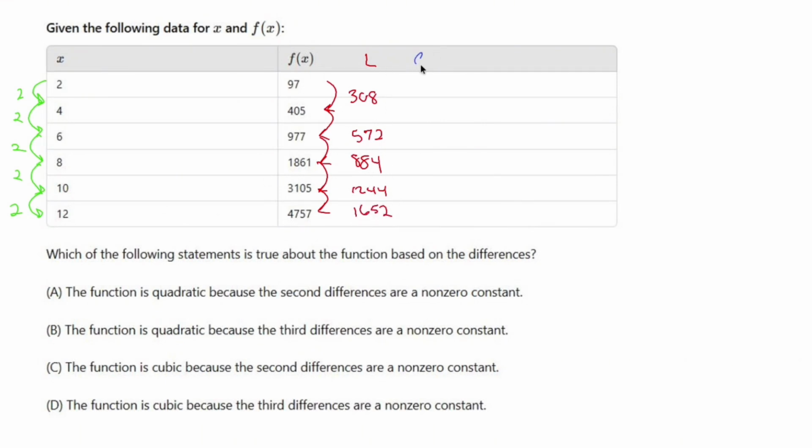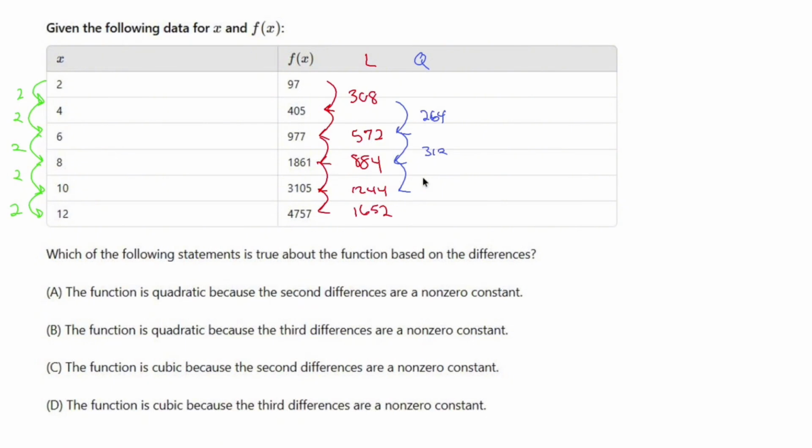So let's see if it's quadratic. Please, Lord, let it be quadratic. To get from 308 to 572, you are looking at a difference of 264. To get from 572 to 884, you're looking at a difference of 312. So it's not going to be quadratic.